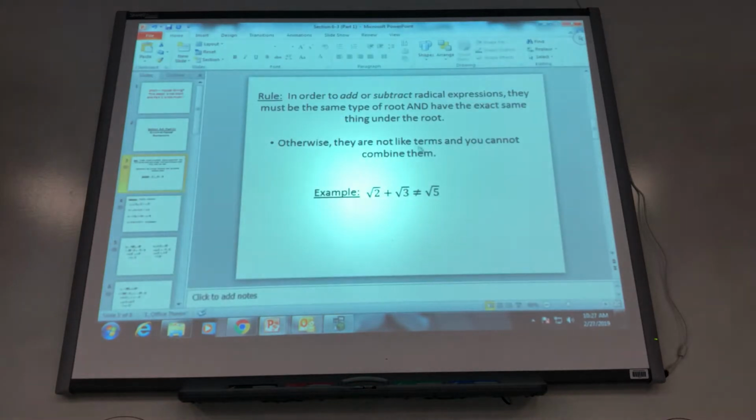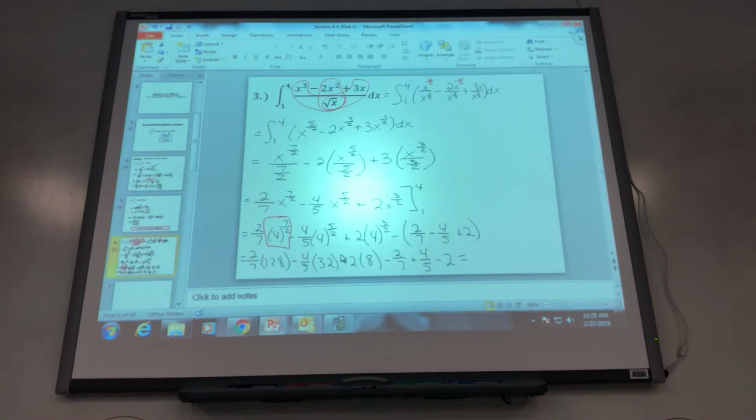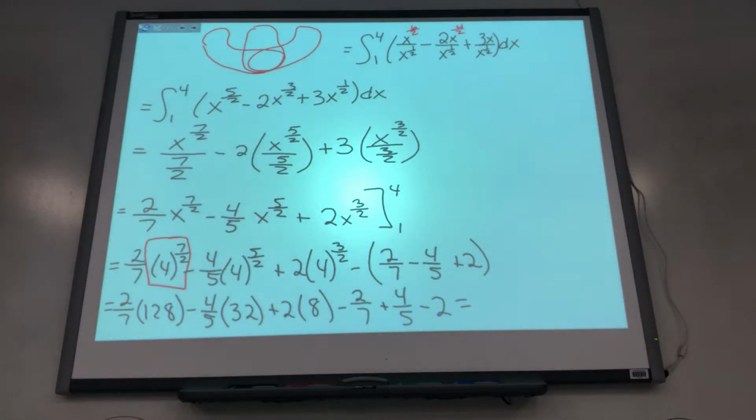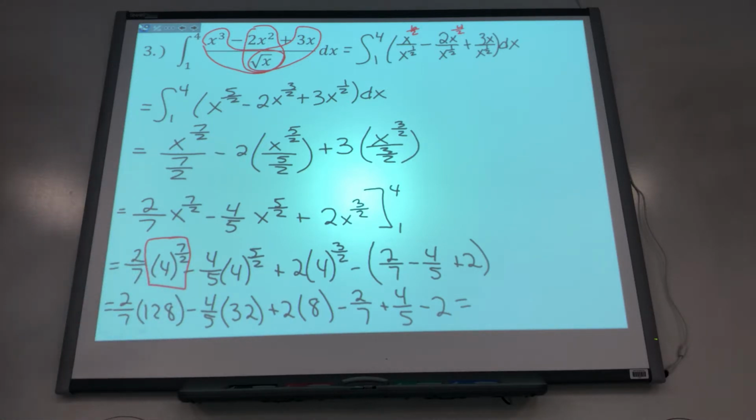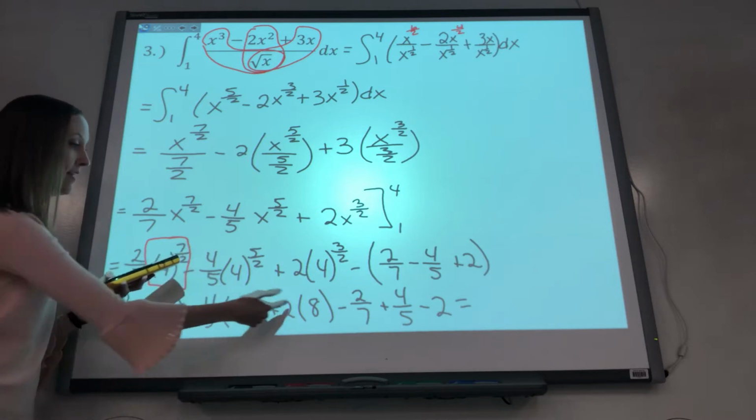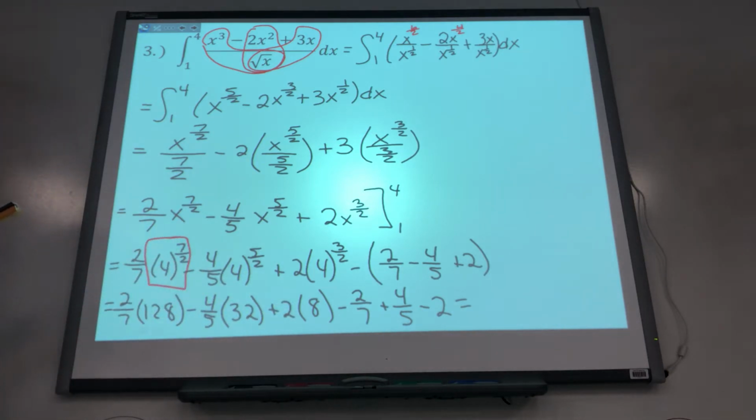Then the next part, I'm going to keep going back to this so I remember. 4/5, you could turn that into a decimal if you wanted, or type it in parentheses like I did the last one. Try this with me. Make sure you get back the same thing. So then the 4/5 gets multiplied by the 32, plus that'll be 16 minus 2/7 plus 4/5 minus 2.